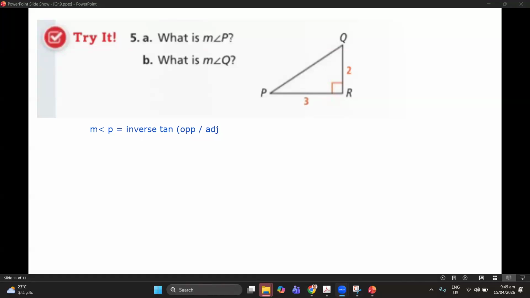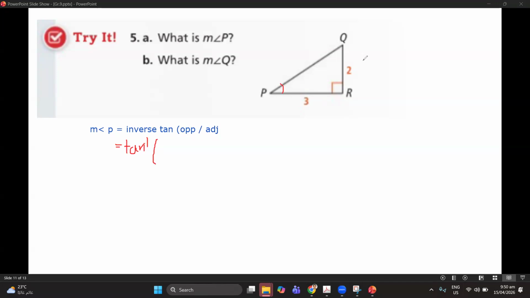Let's continue here. Now for angle P, you told me that I have an opposite and I know the length of the opposite and the length of the adjacent, so I will use the tan. So the measure of angle P is tan inverse, shift tan of what?